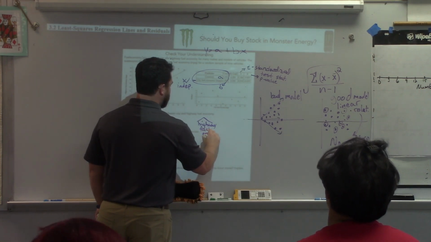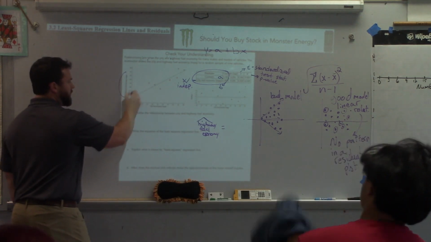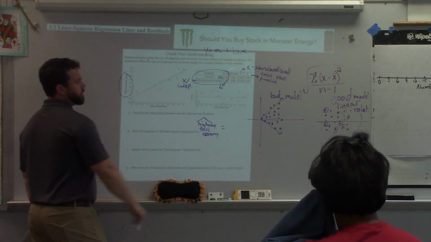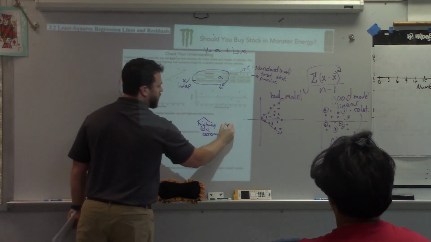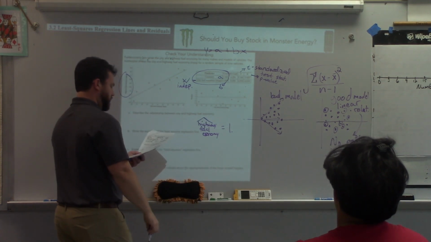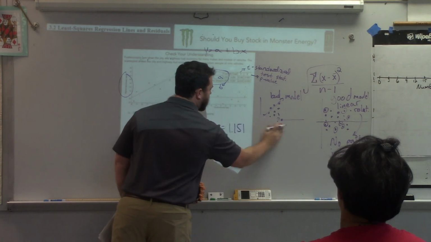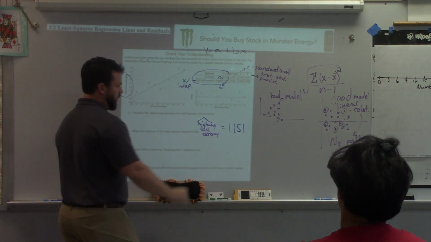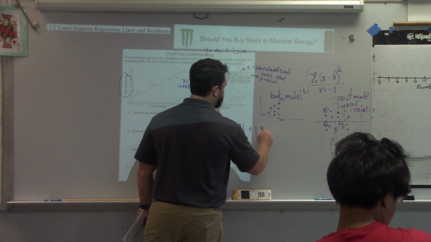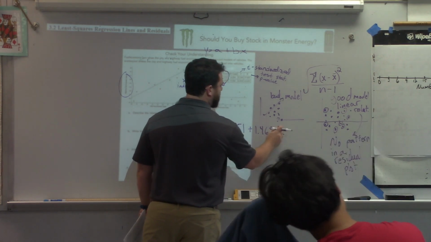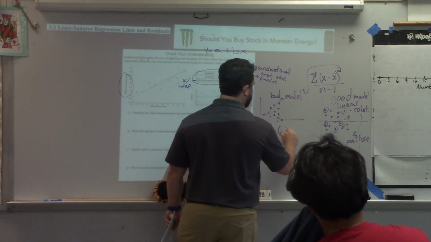The predicted highway fuel economy equals, so remember, predicted outputs equals, what is A? That's my constant, 1.151. Then what comes next? Plus 1.469 x. But what is x again? The city fuel economy.